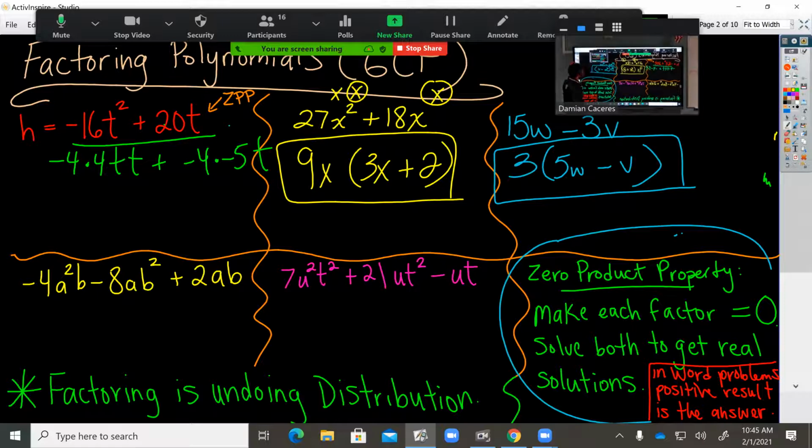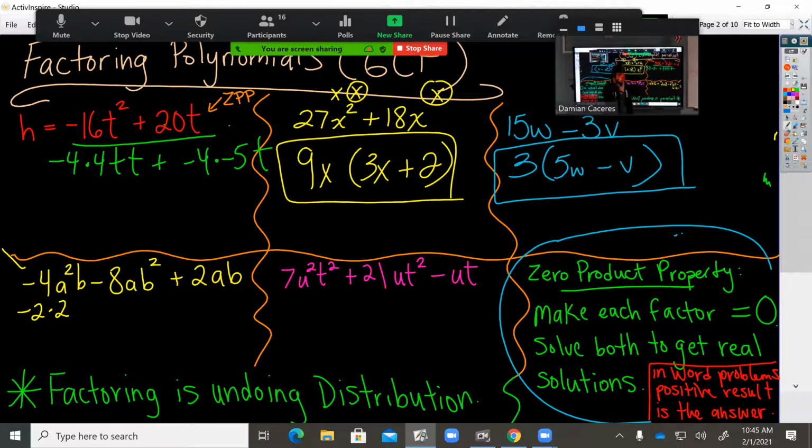Now, be very careful with the next two. On the next two, the leading coefficient here is a negative. So make sure you use a negative number when you break these down here. Now, between 4, 8, and 2, what's the greatest common factor? 2. So I'm going to put negative 2 times what would give you negative 4?